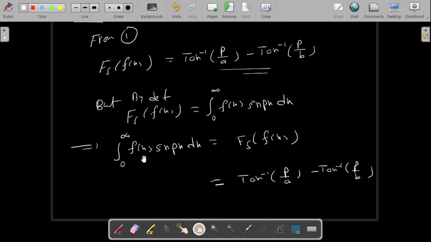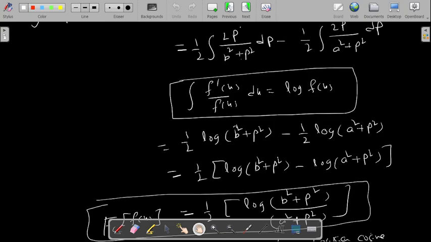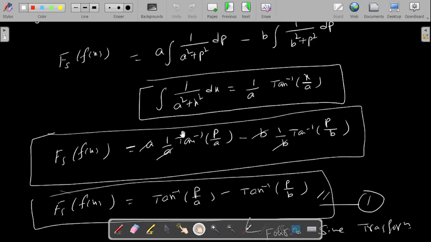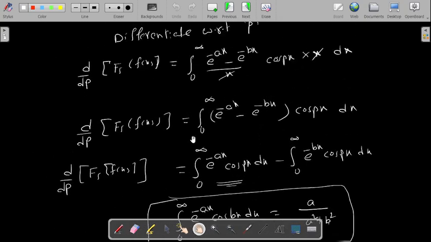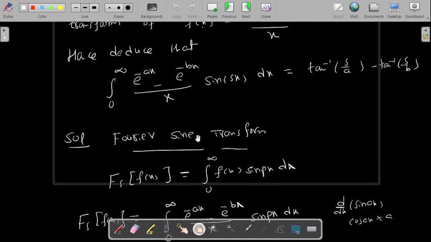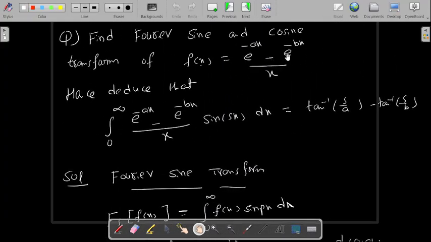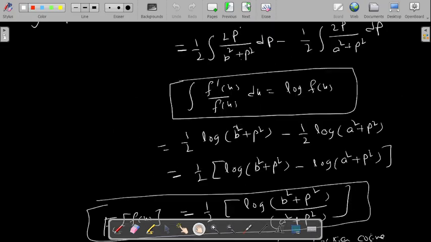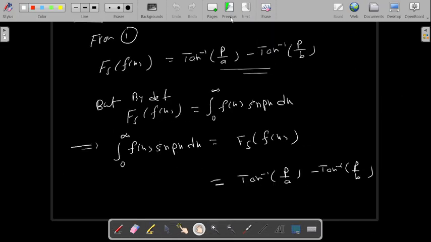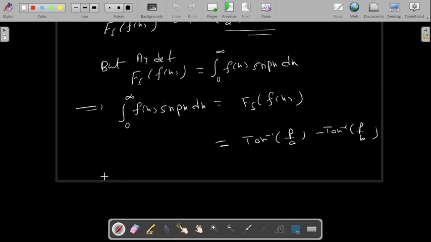So now what is this f of x? This f of x is given in the question. f of x is e power minus ax minus e power minus bx by x. So integral 0 to infinity of e power minus ax minus e power minus bx by x into sine px into dx.